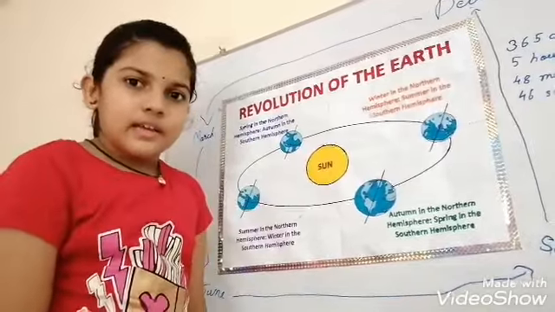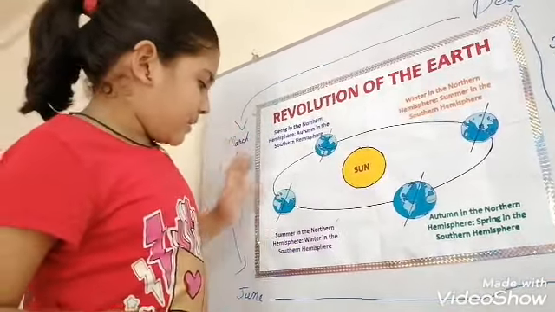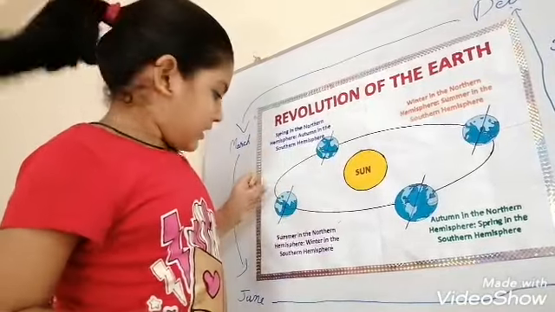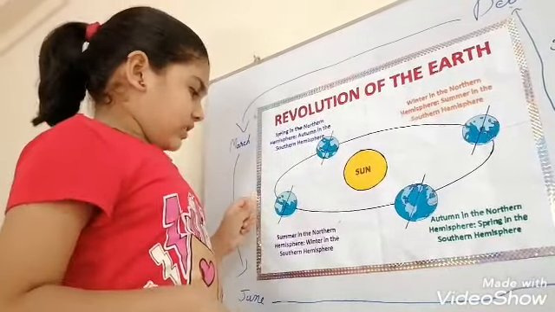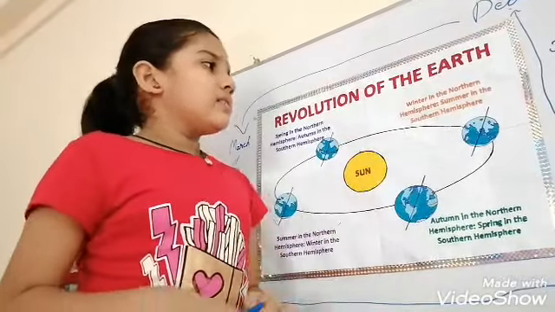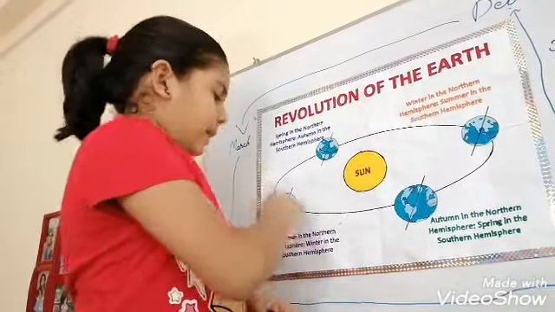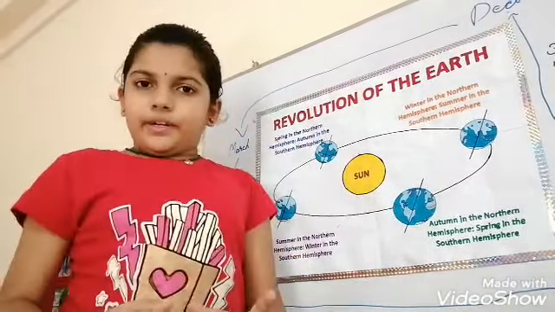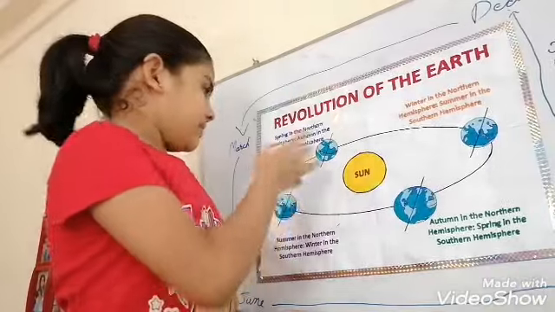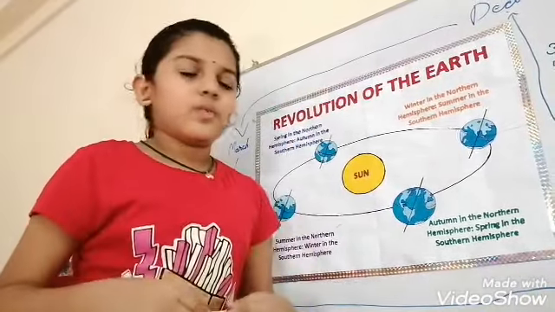Let us talk about the northern hemisphere. Summer is there and winter is there. From summer to winter it is autumn, and from winter to summer there is spring. So why?